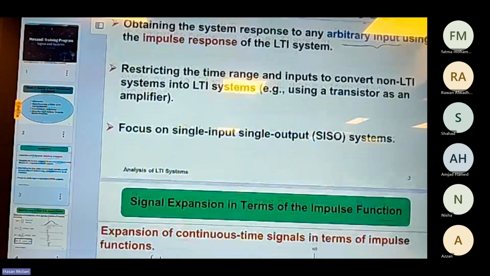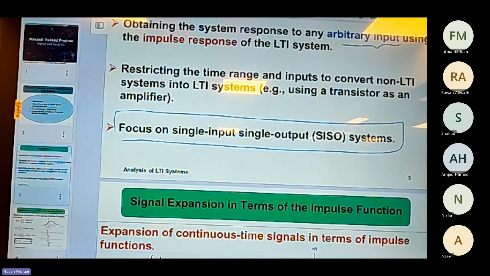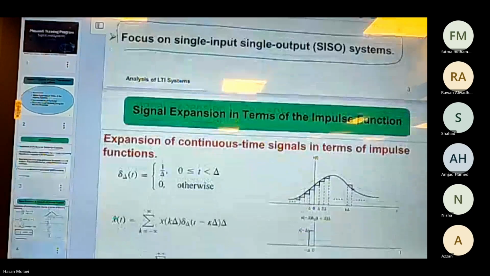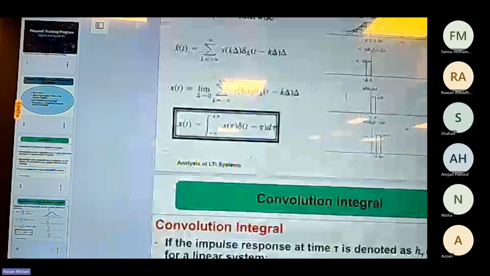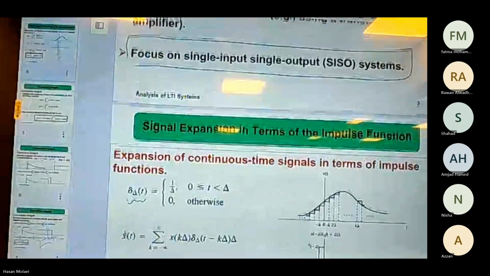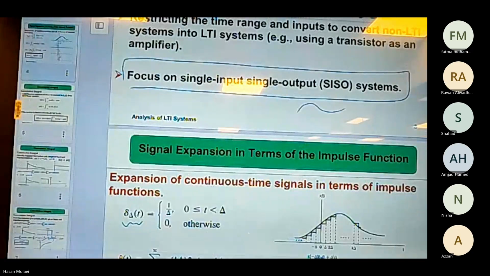Okay, we are focusing only on single input and single output. If we have any input signal, we can write it with the impulse signal delta. How? You remember if I had x(t) and I multiply it by delta t, I get a sample from x(t) at time 0, which is x0 delta t.